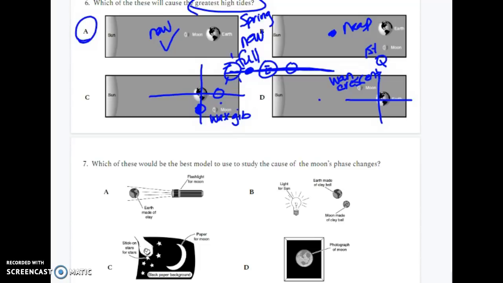Number 7, which of these would be the best model to use to study the cause of the moon's phase changes?